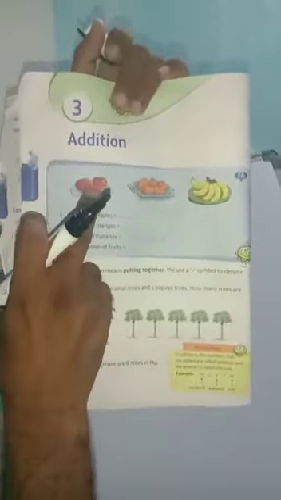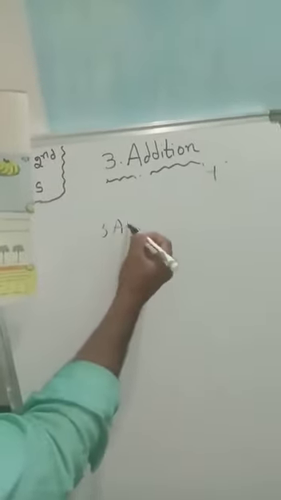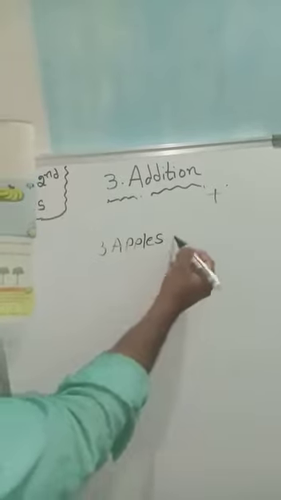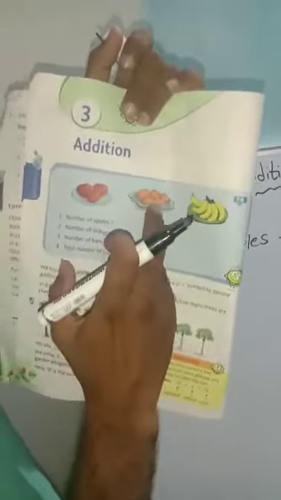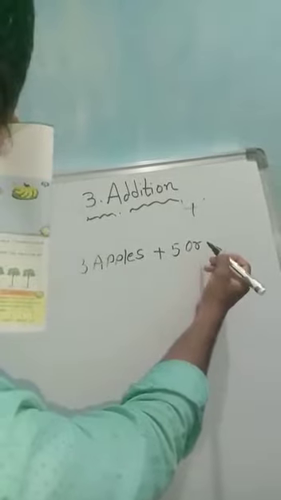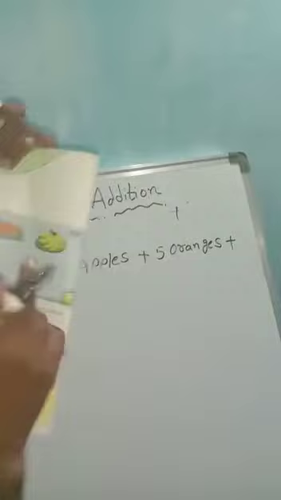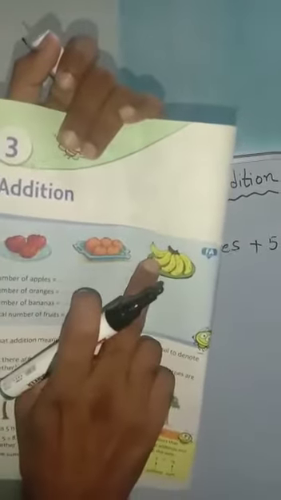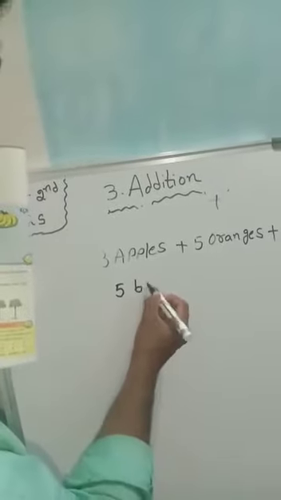Now total number of fruits means 3 apples plus 5 oranges plus 5 bananas.